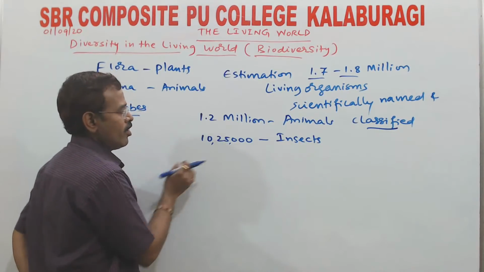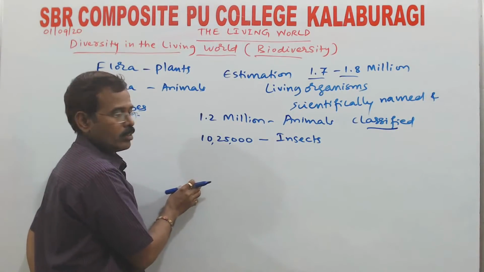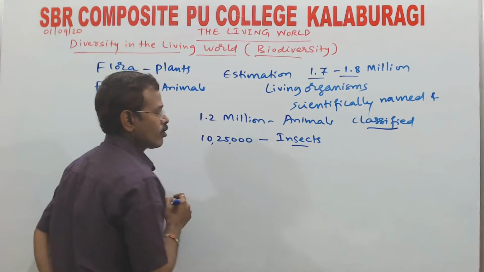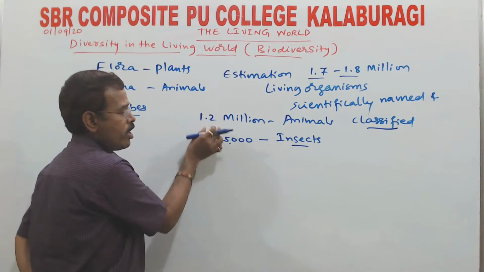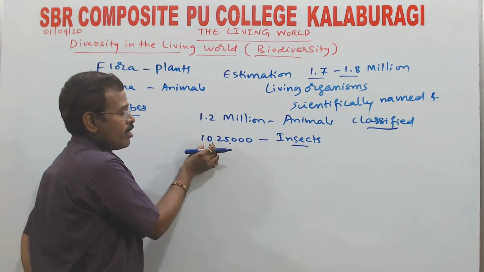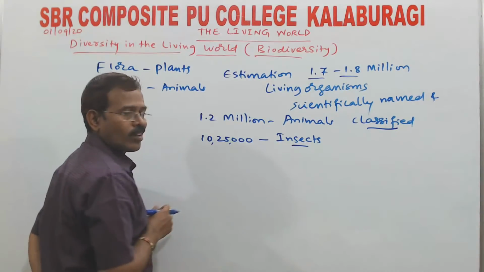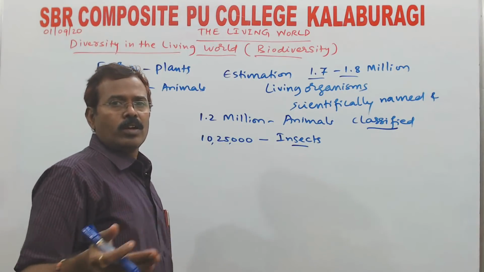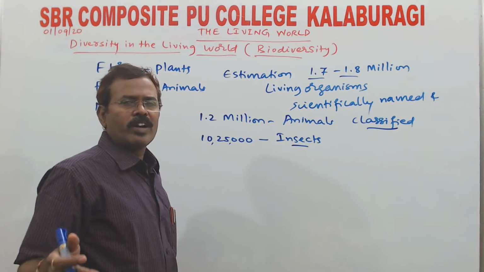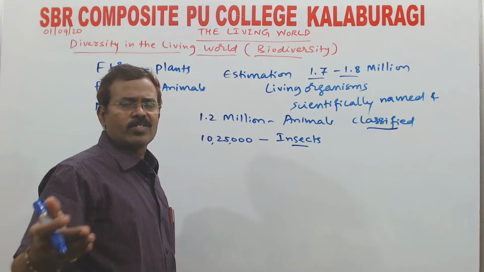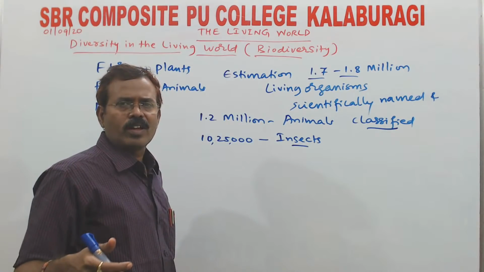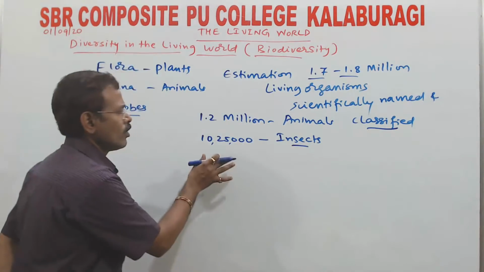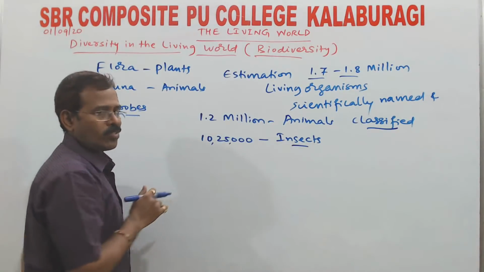The remaining comprise invertebrates, then vertebrates: the fishes, amphibians, reptiles, birds, mammals, all these. So a large group of animals are there.